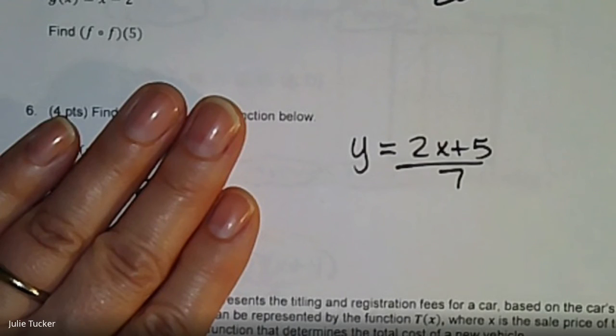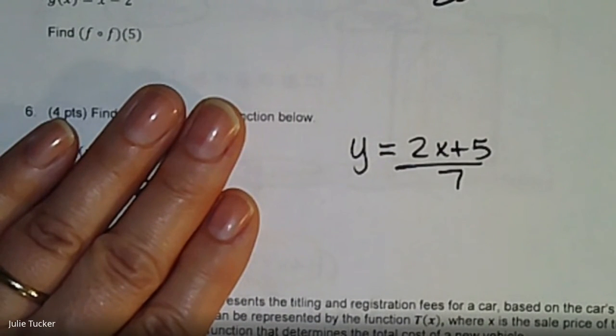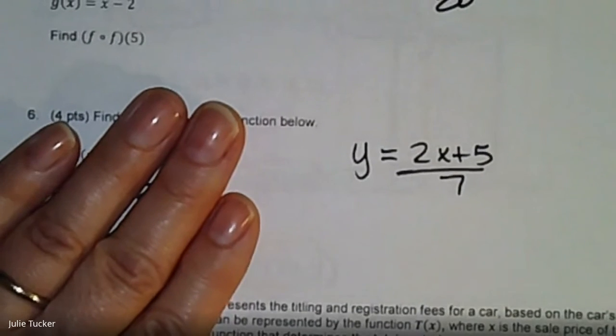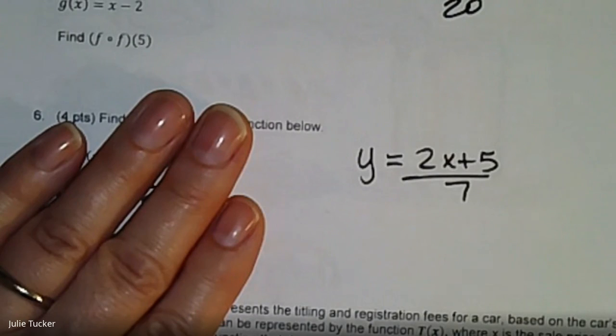But see, that's what's weird, isn't y isolated right now? So why would you have to isolate the y if the y is already isolated? That's your only hint that I can give you. There's something you do to it that causes the y to not be by itself. And then you have to do something to get it back by itself, isolated again.